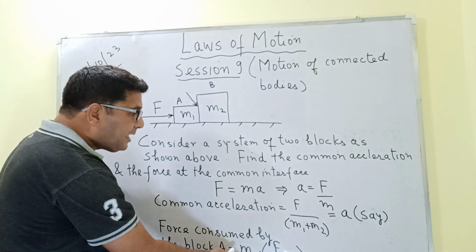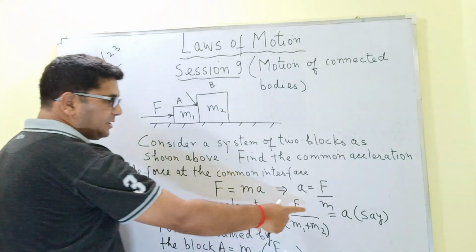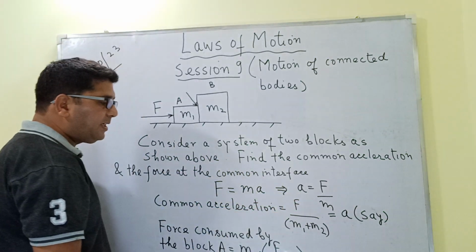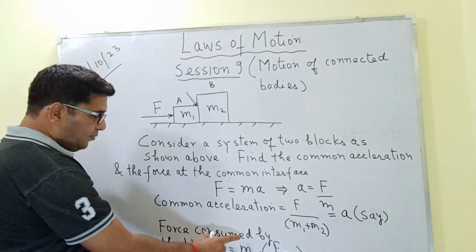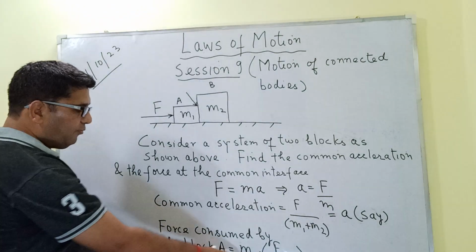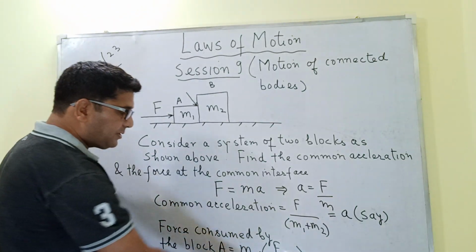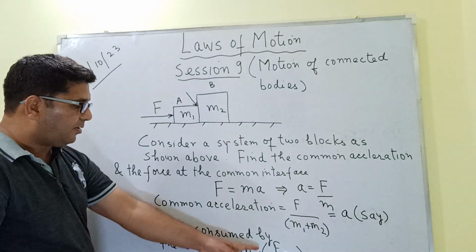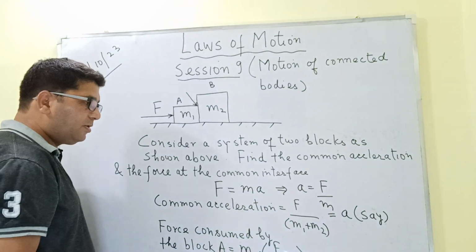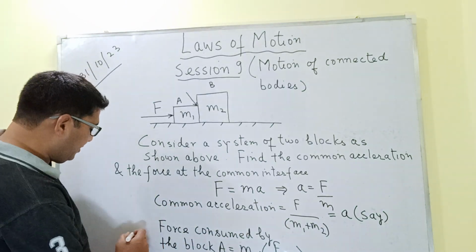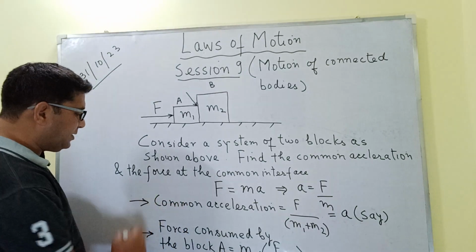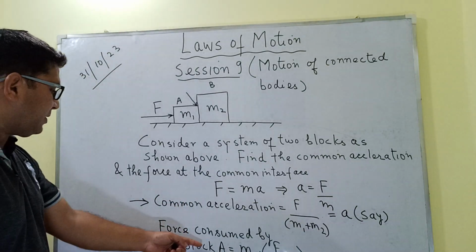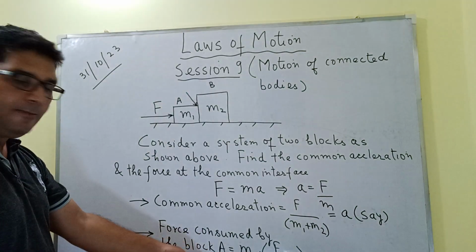So when this mass moves with an acceleration A, which is given by F divided by m1 plus m2, the force consumed by this block A will be mass into this acceleration, which is equal to m1 F divided by m1 plus m2. Okay? This is the second important point. We have calculated the common acceleration. We have also calculated the force which is consumed by the block A.